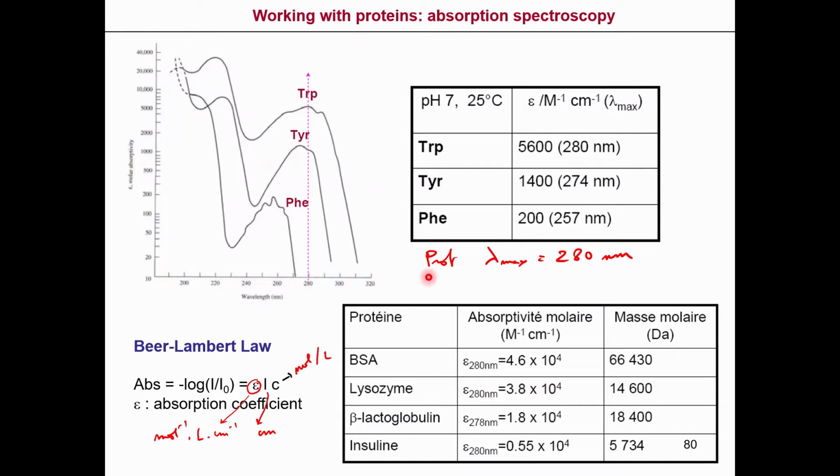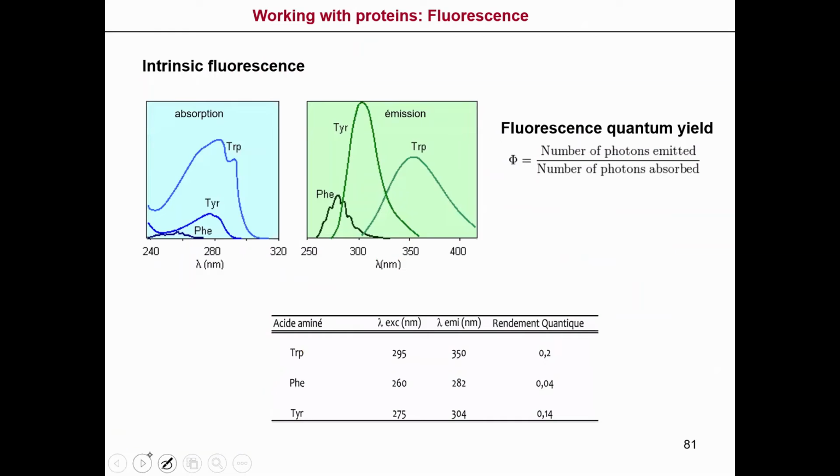So remember that the maximum of the protein is always 280 nanometer because of the tryptophan, because of all the aromatic residues. Now, if we look at fluorescence, you have here the absorption spectra of tryptophan, tyrosine, and phenylalanine.